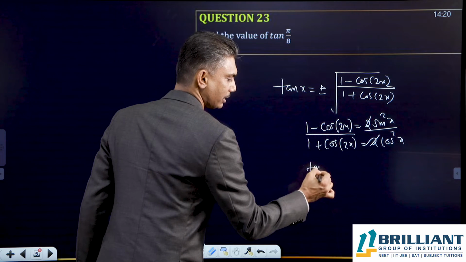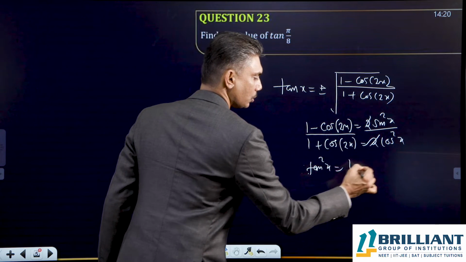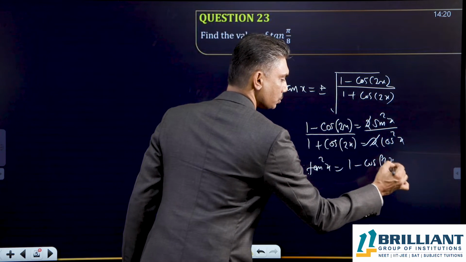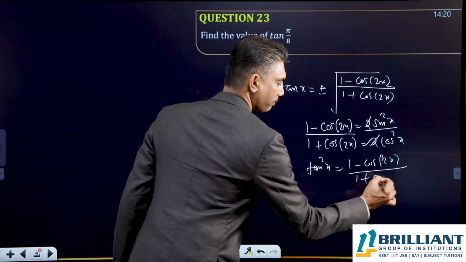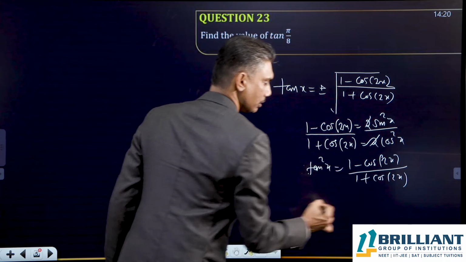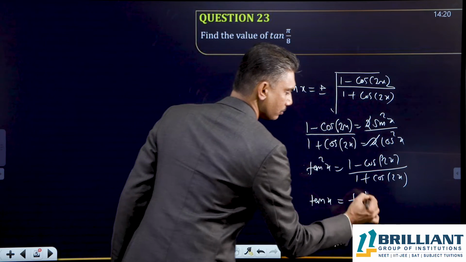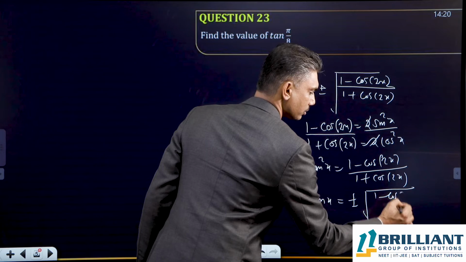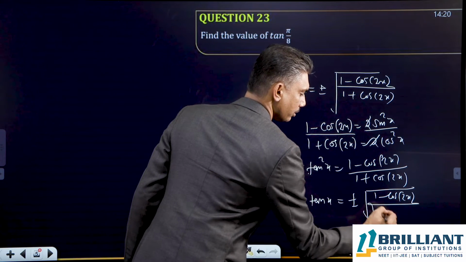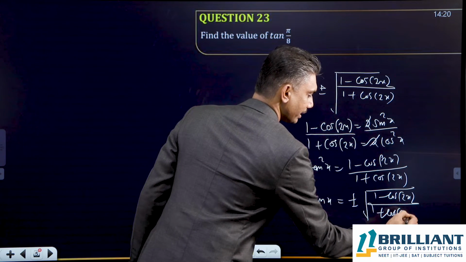So, tan square x is equal to 1 minus cos 2x by 1 plus cos 2x. So, tan x is equal to plus or minus root of 1 minus cos 2x by 1 plus cos 2x.